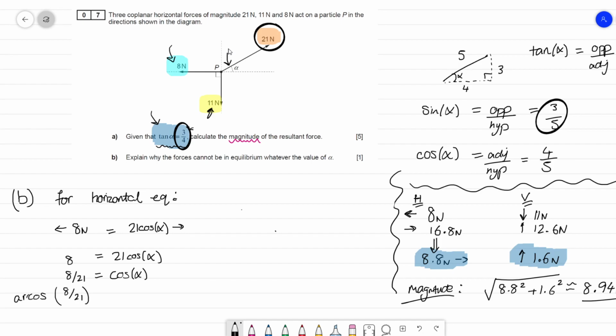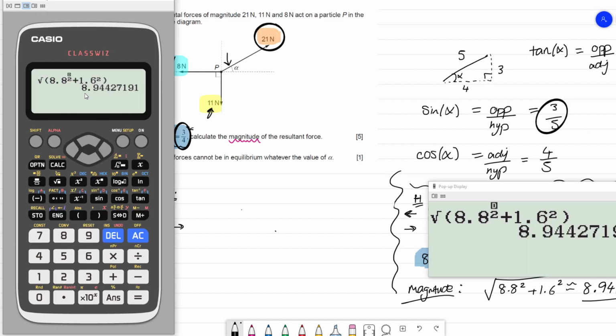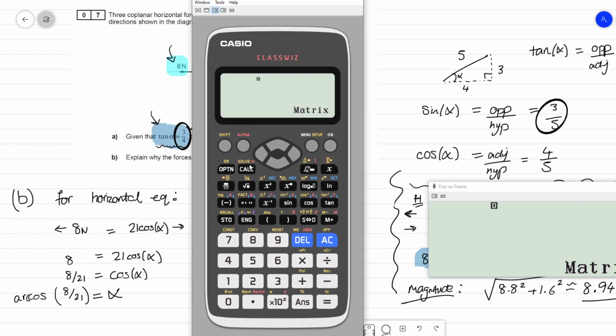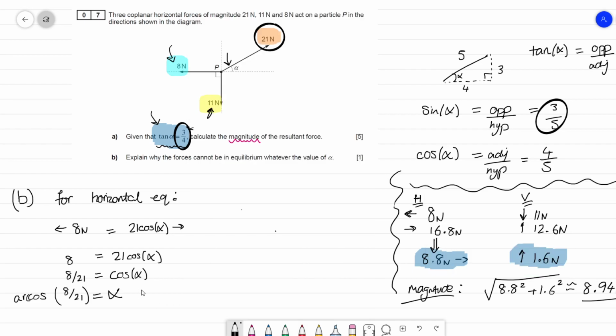Inverse cos of 8 over 21, so 8 divided by 21, and then the inverse cos of that is 67 degrees.